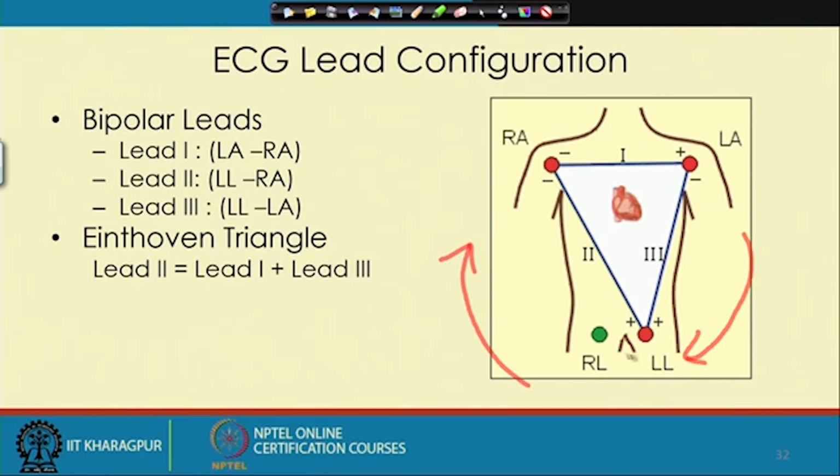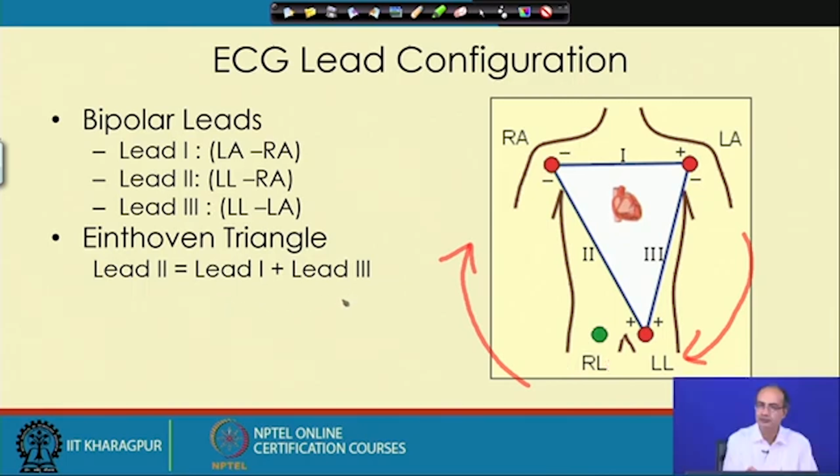Under the influence of this rotating electric field, all these leads can give some signal, and if we add them vectorially, we find that lead 1 plus lead 3, that is, left arm to right arm and left arm to left leg, added together becomes the configuration like lead 2.